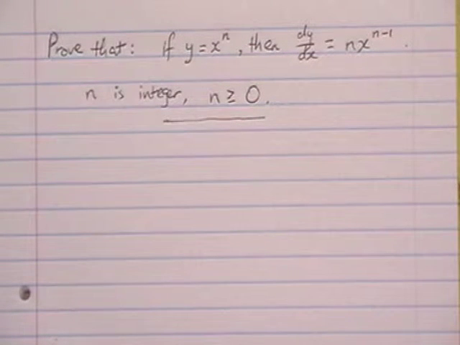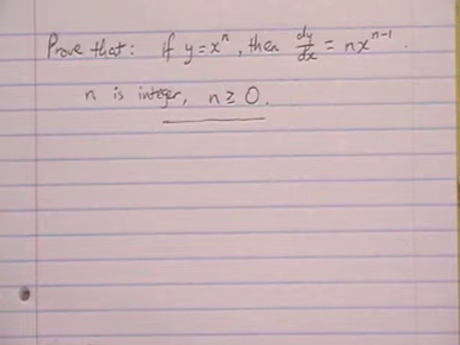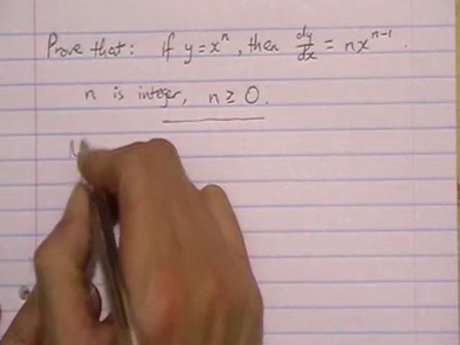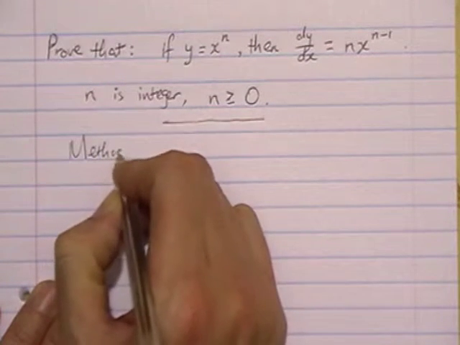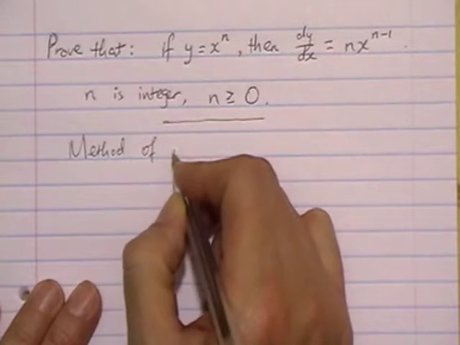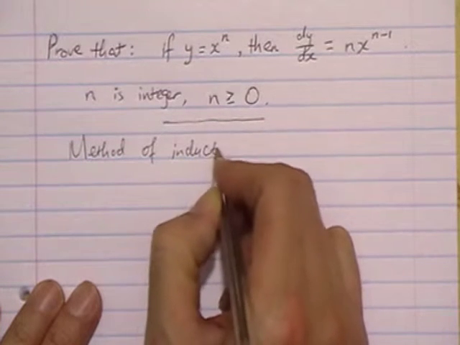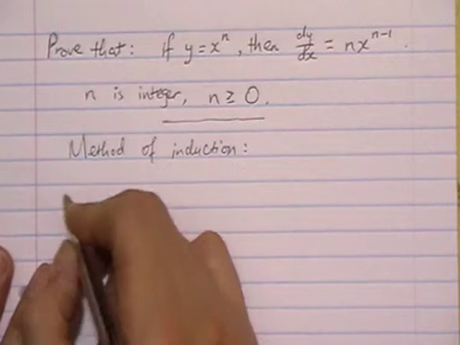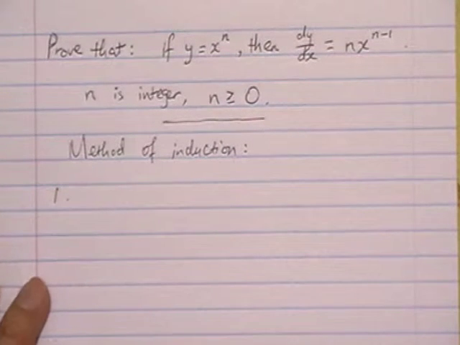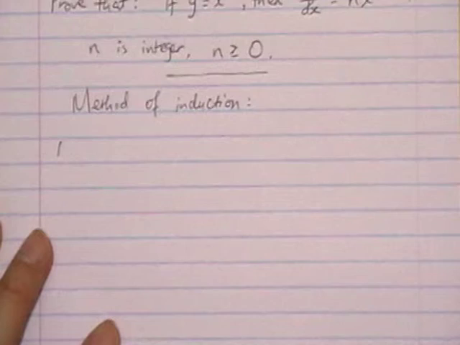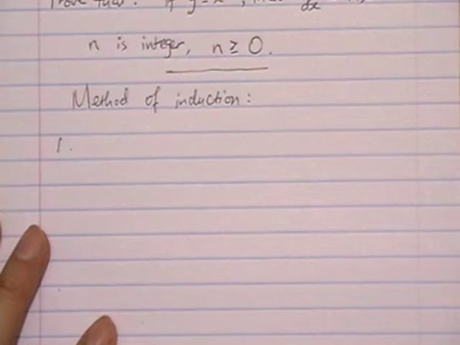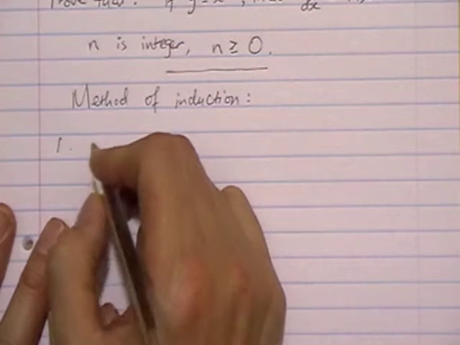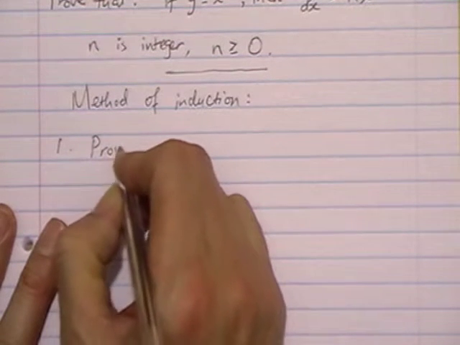The method I shall use is called the method of induction. This is how it works. It is done in 3 steps. Step 1, I shall prove it.